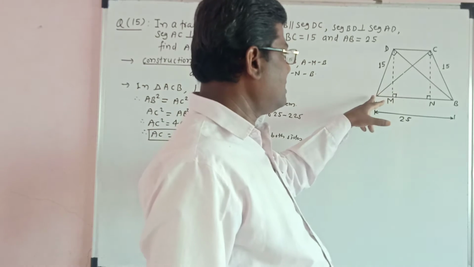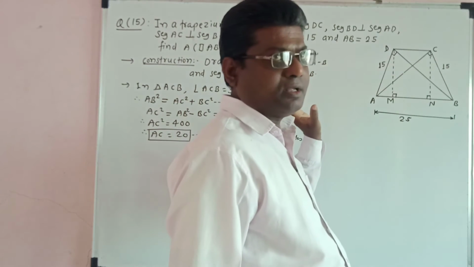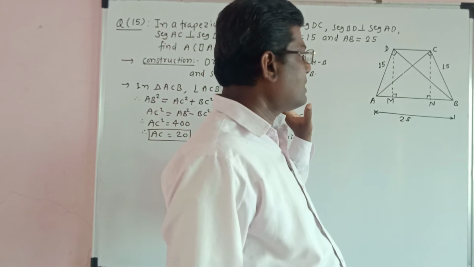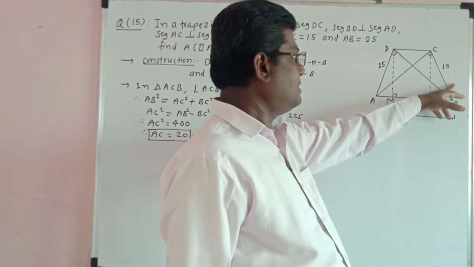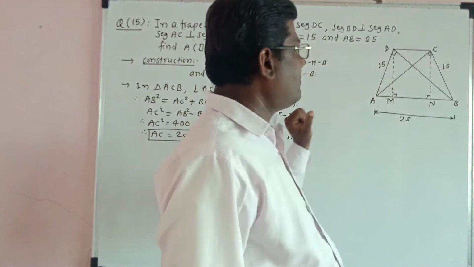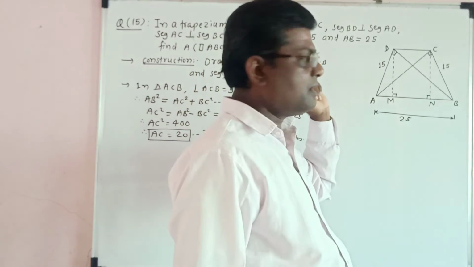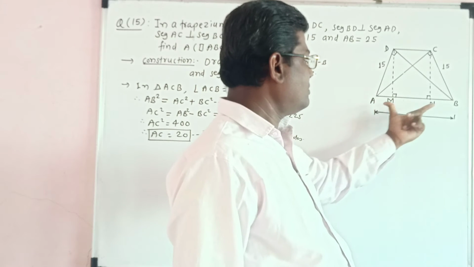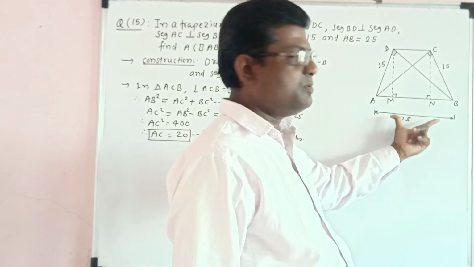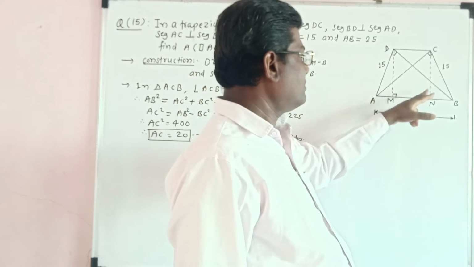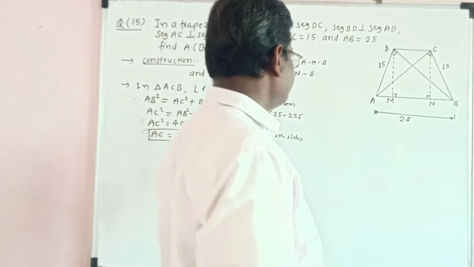Now, in triangle ACB, we can find the area of this triangle as 1/2 BC into AC. Then we can find the area of this triangle also by area is equal to 1/2 base AB, 1/2 AB into CN. From this we can find out CN.